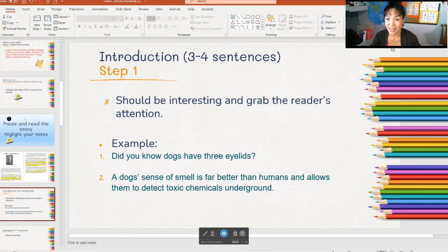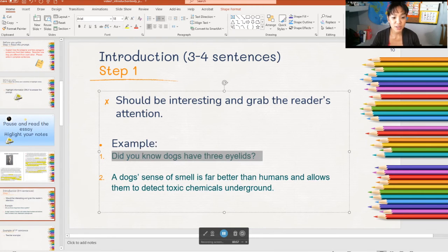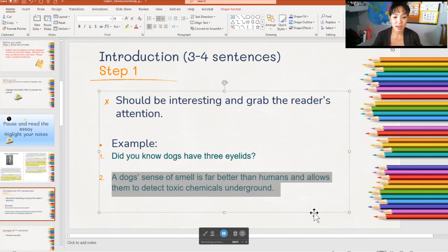So let's pretend we had a prompt about dogs. Here's a question. Did you know dogs have 3 eyelids? And then here's another example of an interesting fact. A dog's sense of smell is far better than humans and allows them to detect toxic chemicals underground. That's a very interesting fact.